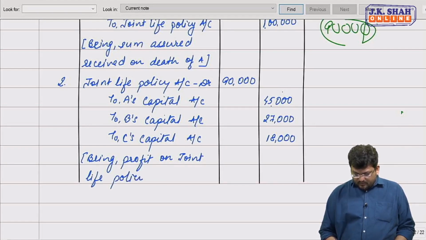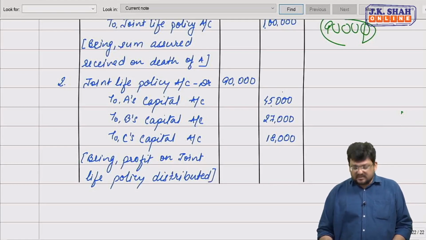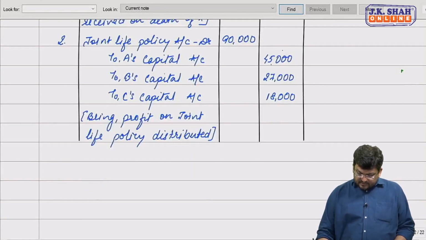Being profit on joint life policy distributed among partners. Correct? Yes, sir. Third case, friends. Third case.